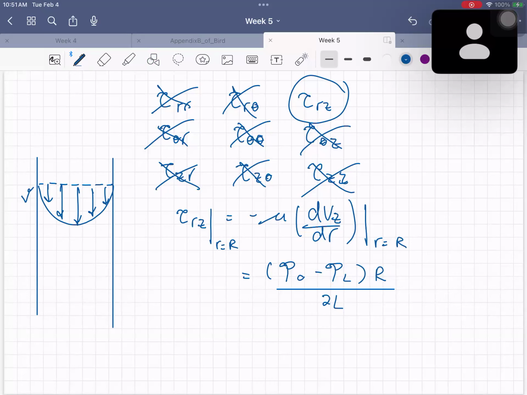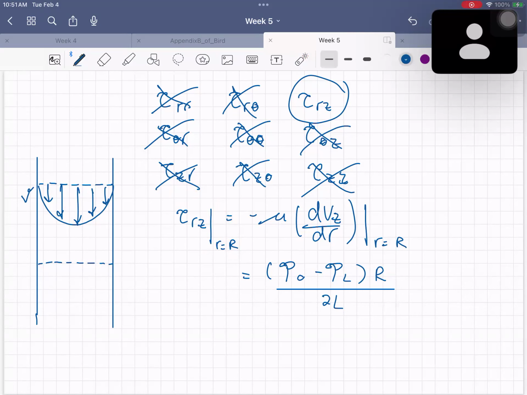What would be the momentum flux if you plot it? If you consider the shear stress or the momentum flux on the wall, it will be equal to this term.